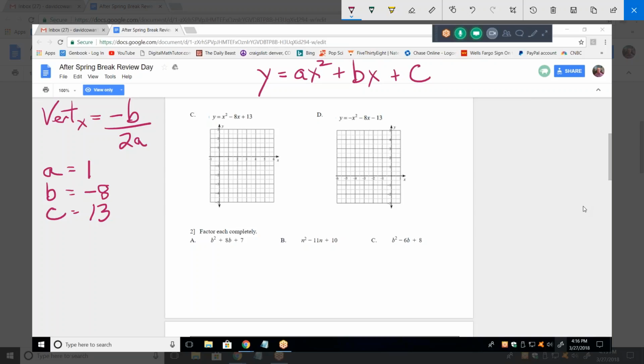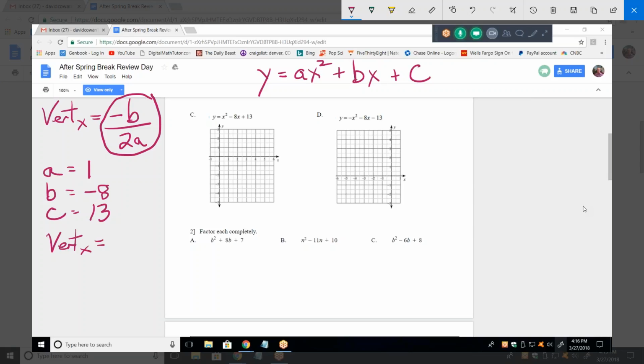So tell me what the x coordinate of the vertex is. Do we have to use the equation for vertex? Use that right there. Let's do it one step at a time. What's minus B? Minus B is negative 8? No, that's B. That's plus B. What's minus B?